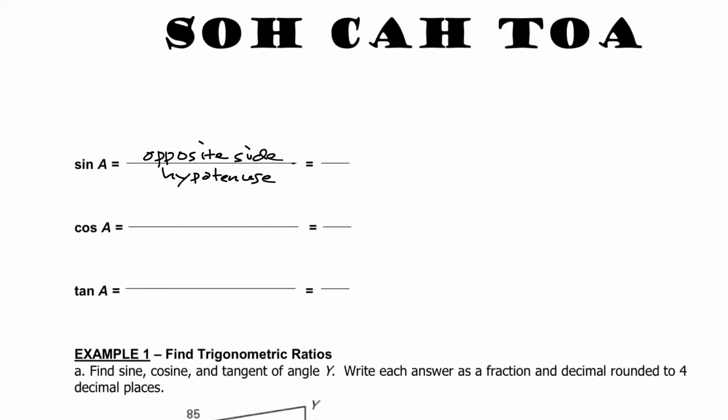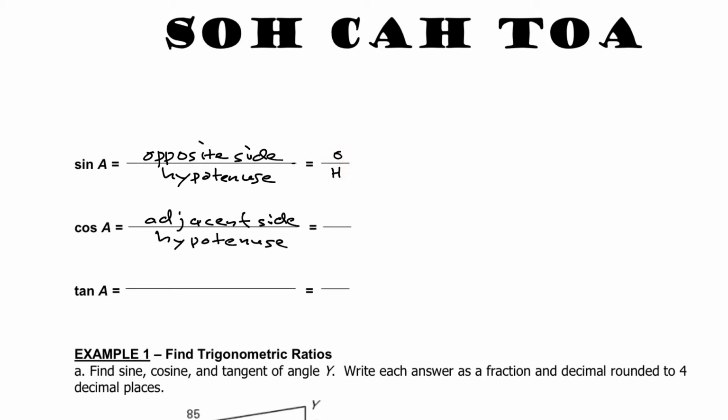What I've written down is that the sine of angle A is equal to the length of the side opposite angle A divided by the length of the hypotenuse. So we write O over H, which stands for opposite over hypotenuse.